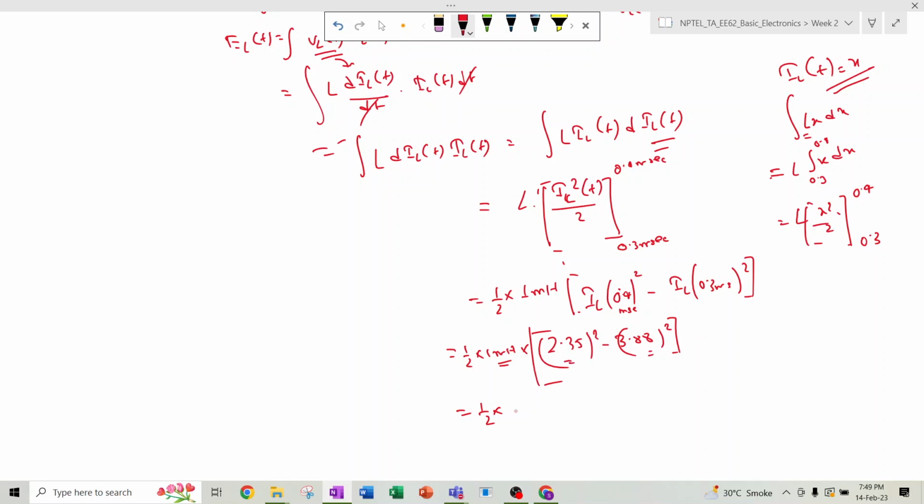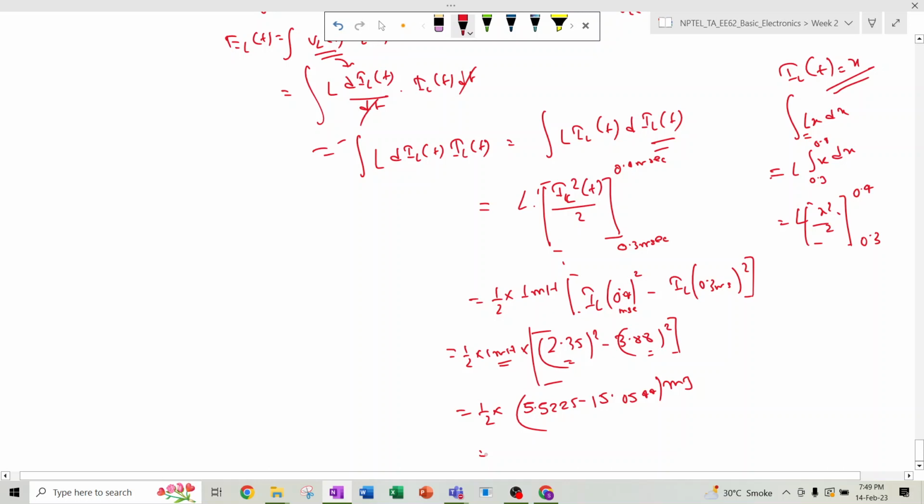So half into, 2.35 squared comes to 5.5225, minus 3.88 squared, which is 15.0544, in millijoule.